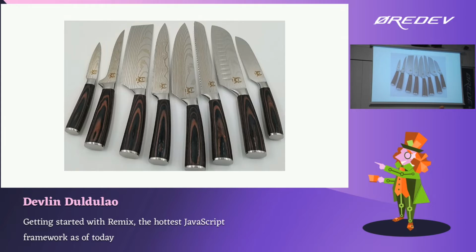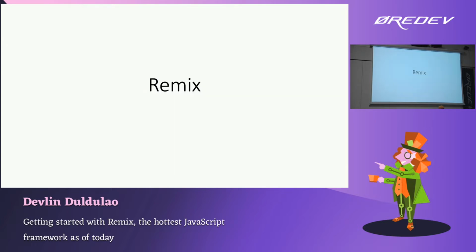As a chef has types of knives to cut through different foods, developers also have many different available frameworks and libraries that fit different use cases. And let's talk about Remix, the new meta framework to create JavaScript projects using server-side rendering.